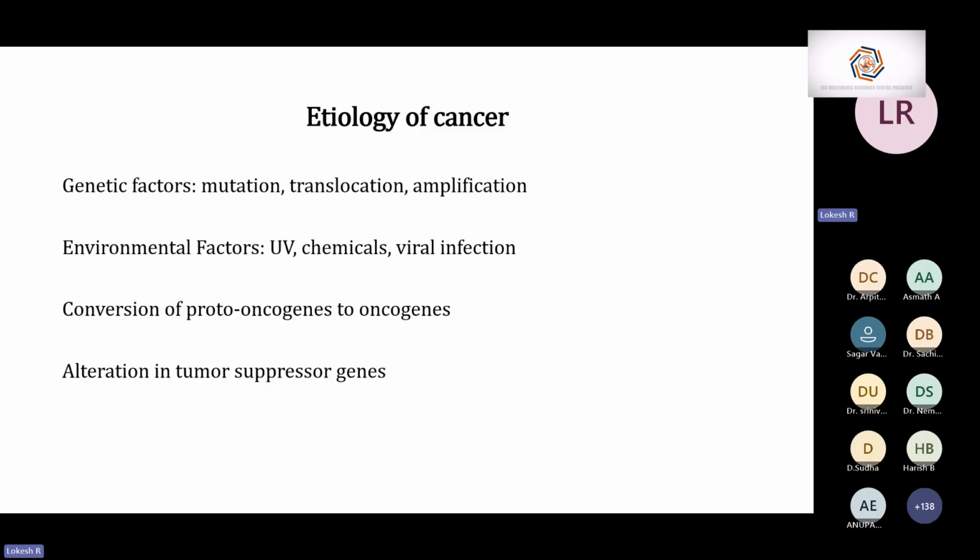Next is when there is alteration in the tumor suppressor genes, TSG. The tumor suppressor genes suppress the oncogenes. So when there is alteration, that is, when the tumor suppressor gene is not able to suppress the oncogene, then there will be chances of getting cancer.